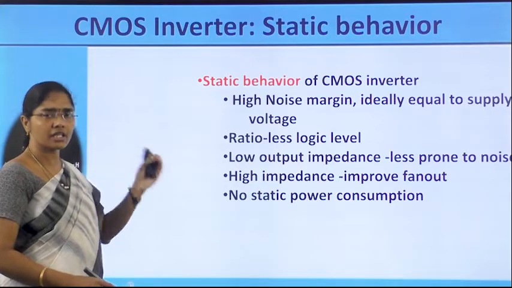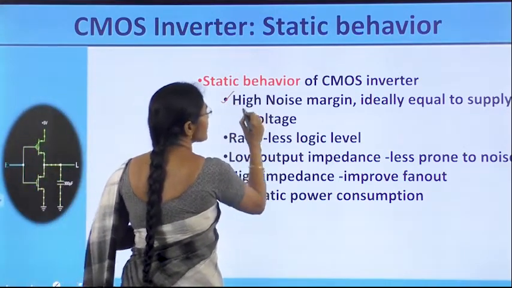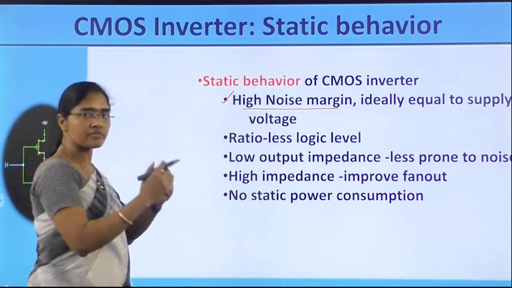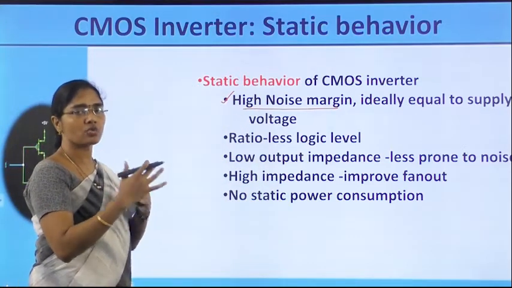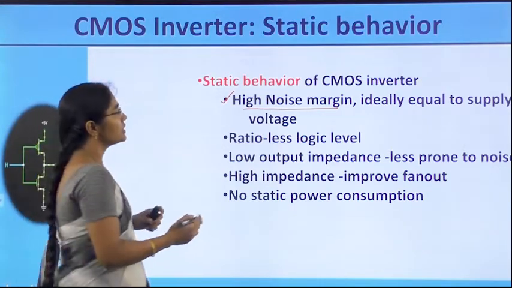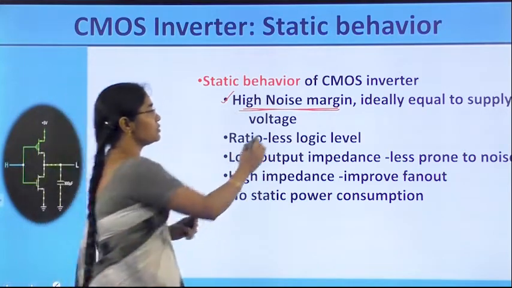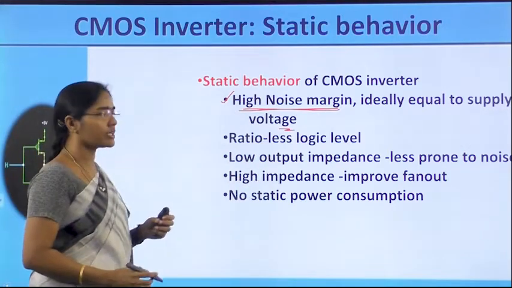Let's see the static behavior of the CMOS inverter. It has a high noise margin because we have seen both outputs are full swing. Output full swing is the higher value, stronger value. Therefore, it has a high noise margin, ideally equal to the supply voltage, VDD.